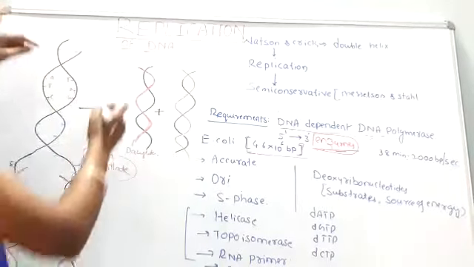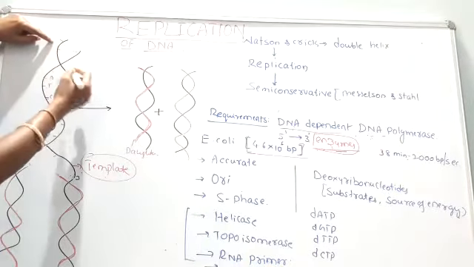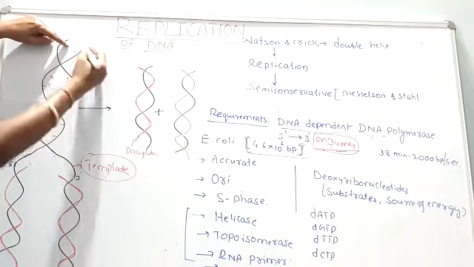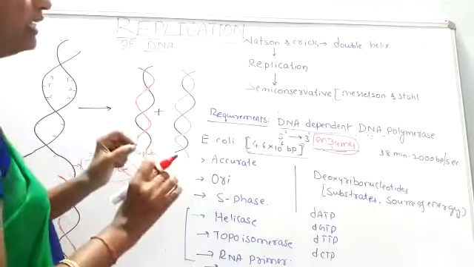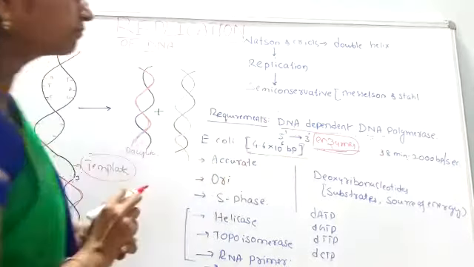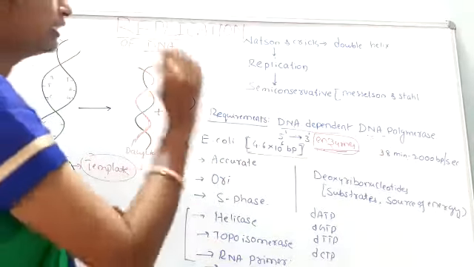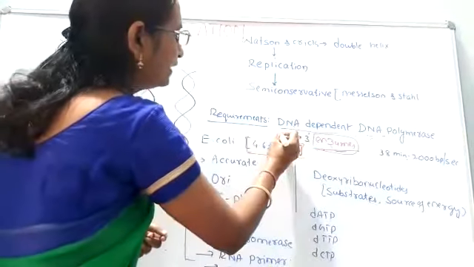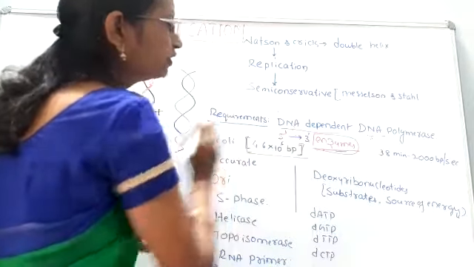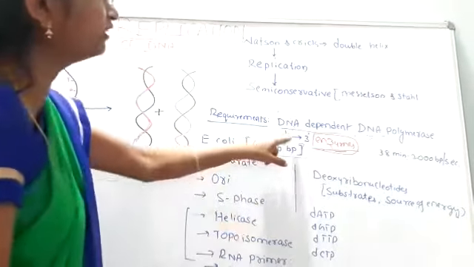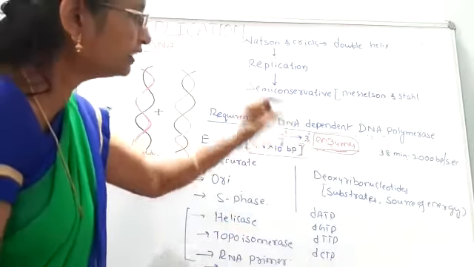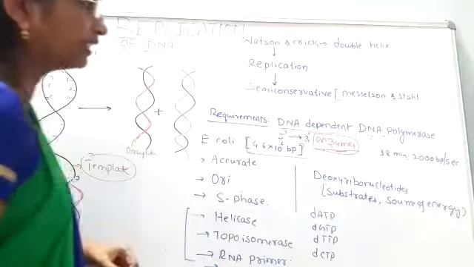See here, we have DNA with 5' to 3' and 3' to 5' polarity. This enzyme always promotes the synthesis of DNA in the 5' to 3' direction, and this is maintained by this enzyme itself.